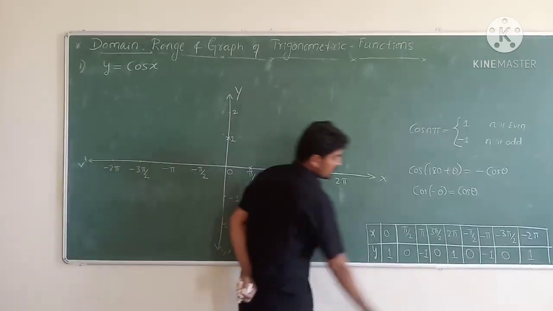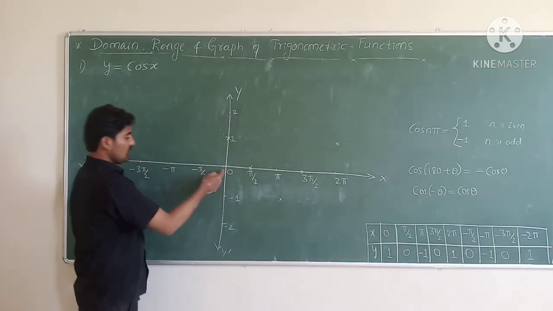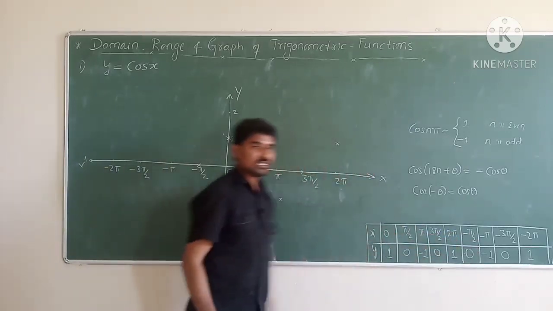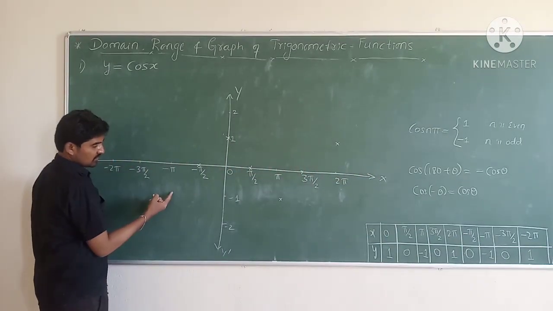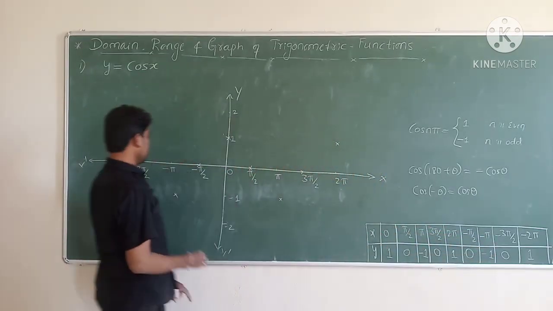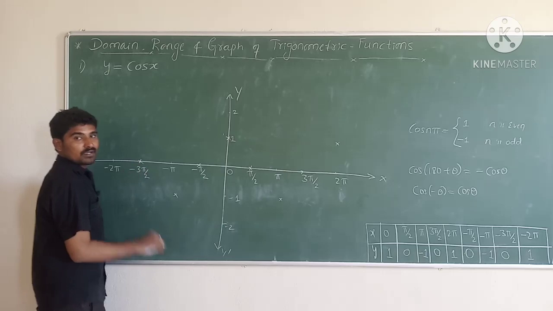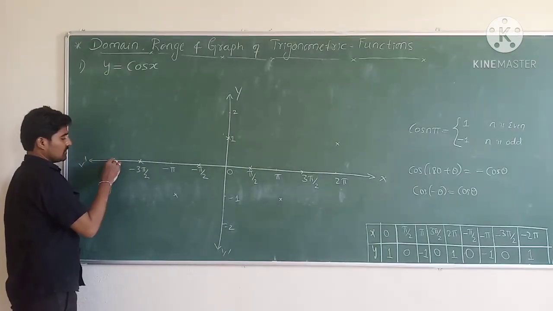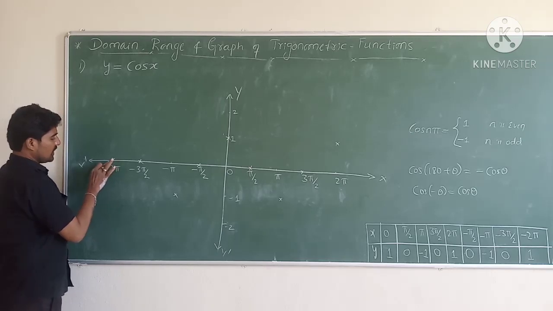Now, when x is equal to minus pi by 2, the value of y is 0. When x is equal to minus pi, the value of y is minus 1. When x is equal to minus 3 pi by 2, the value of y is 0. When x is equal to minus 2 pi, the value of y is 1.